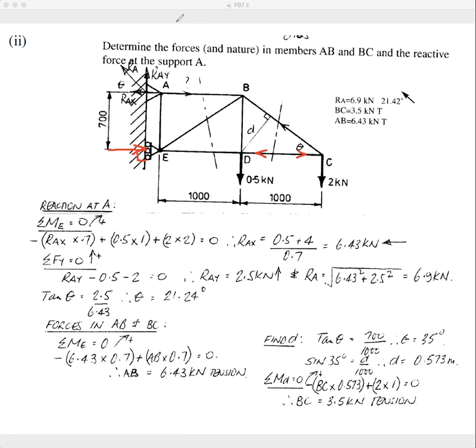This is what I always do. I put them in tension with a question mark there because I'm not quite sure whether they're in tension or compression. Now, we don't want that force. We don't want that force.